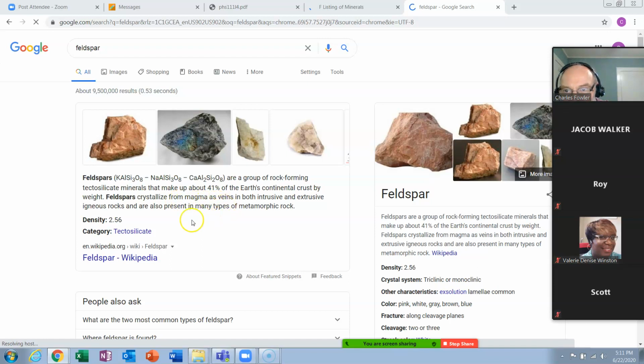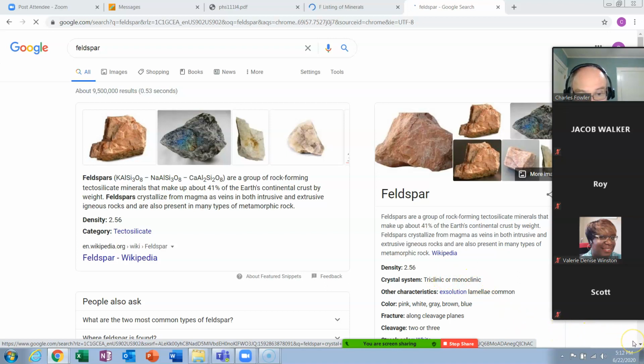They crystallize, blah, blah, blah. Notice all these words: intrusive and extrusive, igneous rocks. Also present in many types of metamorphic rock. Okay, so far that's not what you're looking for. Let's just see. Remember when we say crystal system, triclinic or monoclinic, we're not looking for that today, but you have some good pictures of it, but we still don't have a name.